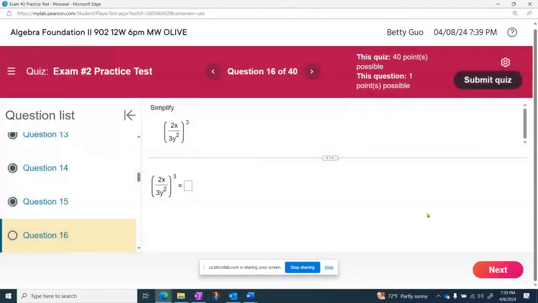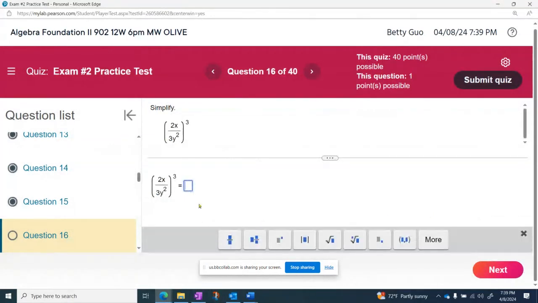Next, simplify. Okay. So I'm going to work on this. I see a power of a quotient. Okay. So we are going to get rid of the parentheses and apply the cube to the numerator and the denominator separately. Let's apply it to the numerator first. Cube of 2x.